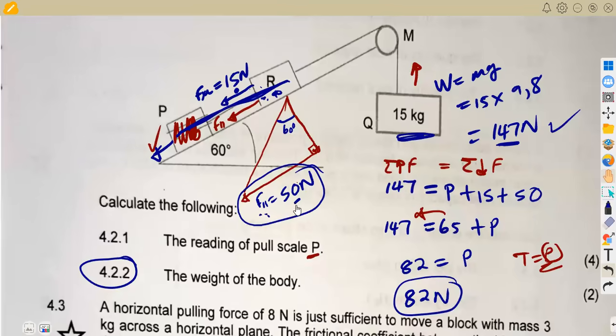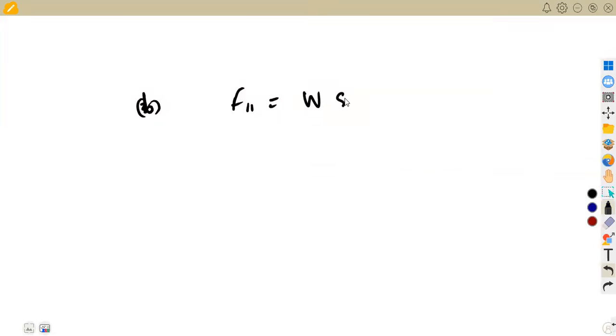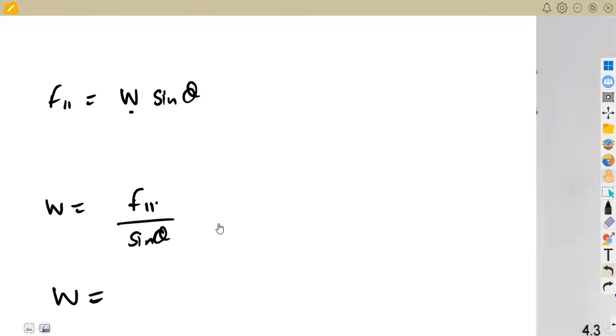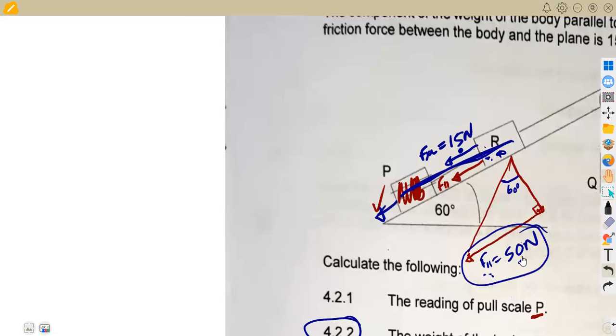So we're going to focus with what? The parallel component, because we know that from our parallel component, what is the formula? From our parallel component, this is P. We know that this is the weight times the sine of theta. And we need this weight. So it's going to be the parallel component over the sine of theta. So our weight is going to be the parallel component, which is given as what? 50 Newton. Then the angle there is 60 degrees.